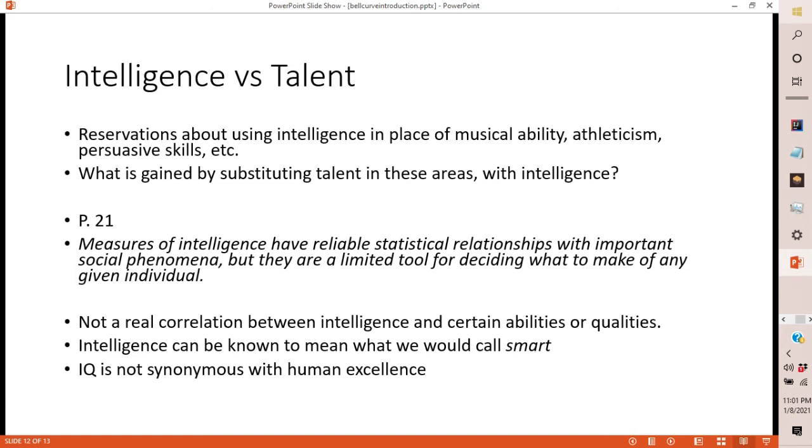Like I was saying earlier, there's not a real correlation between intelligence and certain abilities or qualities. And intelligence can be known to mean what we would call smart.